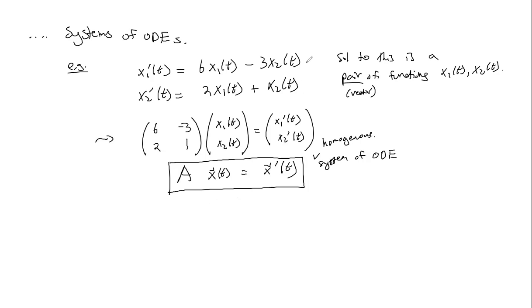If it was non-homogeneous, you'd have some extra functions that don't depend on x1 and x2. For example, you might have something like t here, or like a minus e to the negative 2t, and then this part would be floating around. You get a t and a negative e to the negative 2t. So the red would make it non-homogeneous.